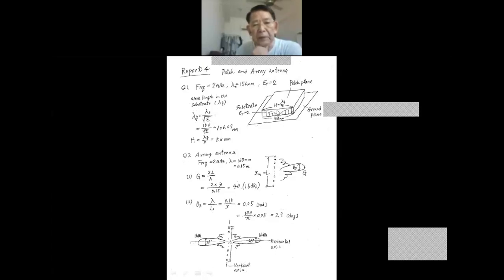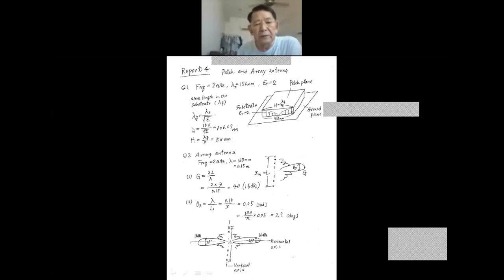The wavelength in the substrate is expressed by lambda 0 divided by root epsilon. In free space, the wavelength is 150 millimeter. However, in the substrate, the wavelength becomes 106.07 millimeter. In the substrate, the wavelength becomes short, small.